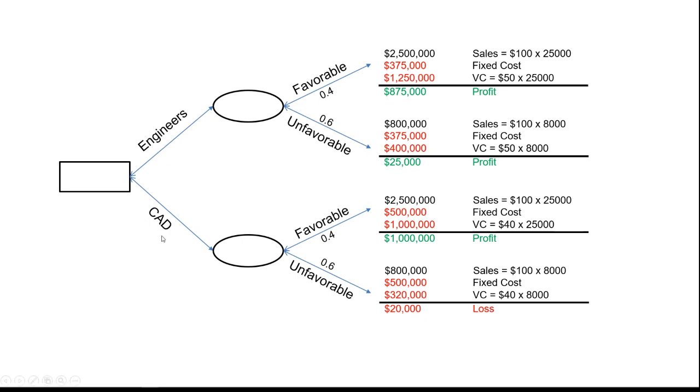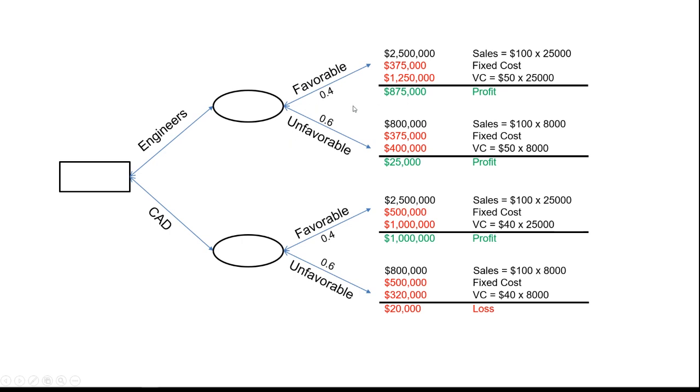Now, the next step is to decide whether to use engineers or CADs. Which one is better? To figure that out, the best step is to calculate the expected monetary values for each of these chance nodes. This is the chance node for engineers, and this is the chance node for the computer-aided design software. The expected monetary value for engineers is calculated by multiplying the probability with each of the outcome values.